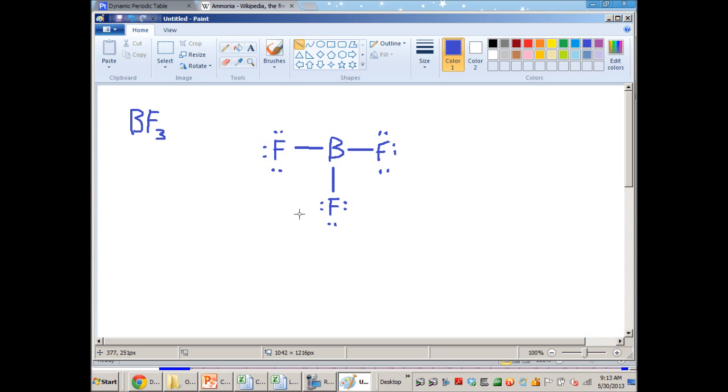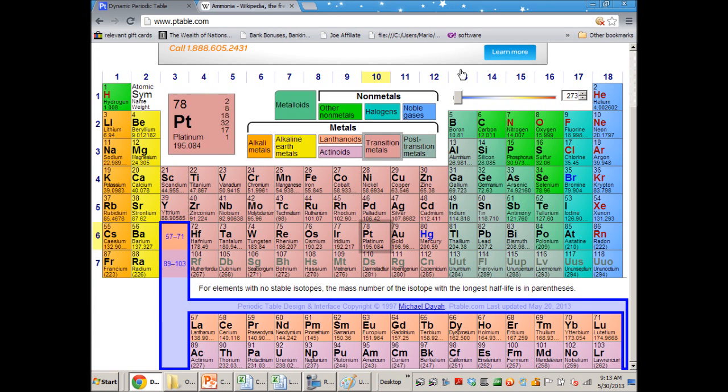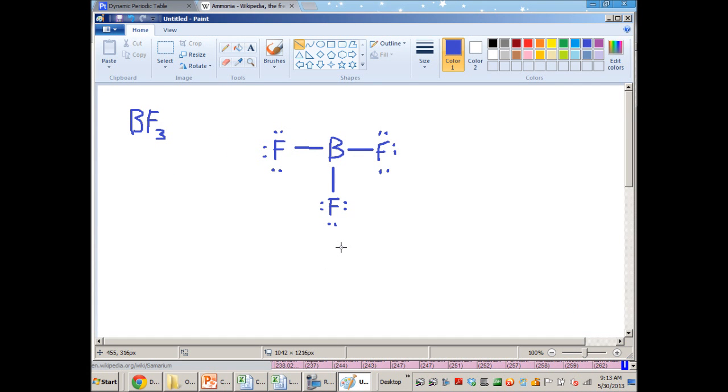So there are occasionally molecules that don't have all of their elements' octets satisfied. Sometimes you'll see this in aluminum, sometimes you'll see this in boron, sometimes you'll see it in beryllium. This just happens to be one example of this.